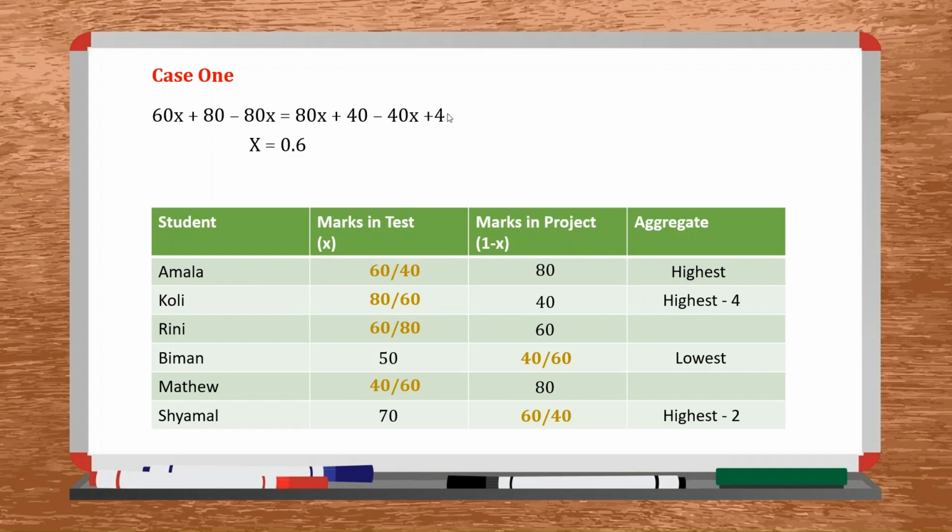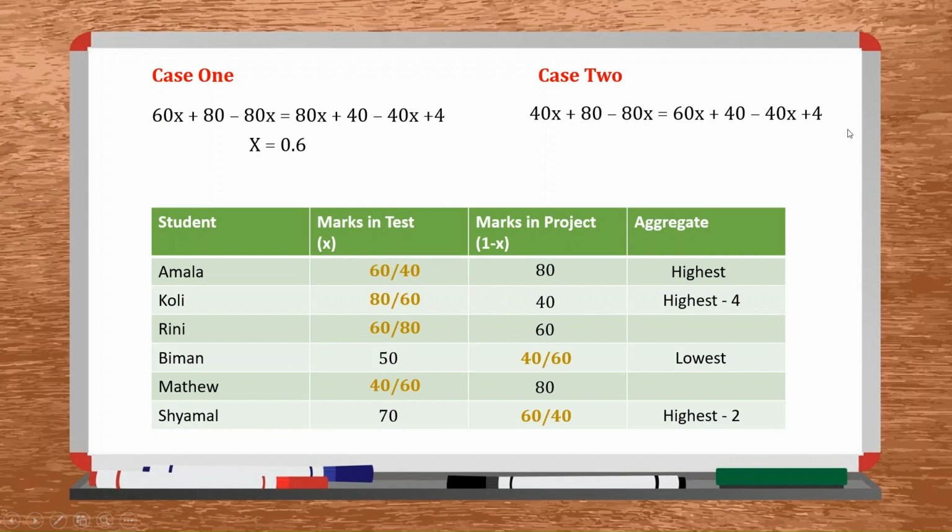Now, if I give the marks in test as 40 to Amla and 60 to Kohli and try to derive the equation, this is the equation I'm going to get. How am I getting the equation again? I'm multiplying 40 by x, then I'm adding 80 into 1 minus x, and then I'm equating that with Kohli's marks. So 60 into x plus 40 into 1 minus x plus 4, because Kohli has 4 marks less than Amla.